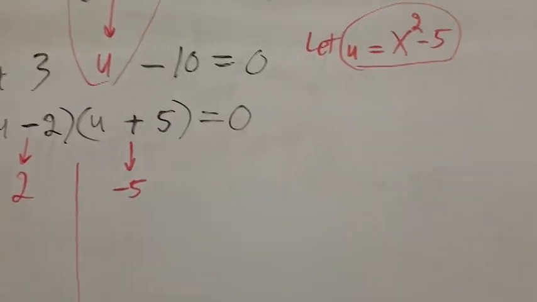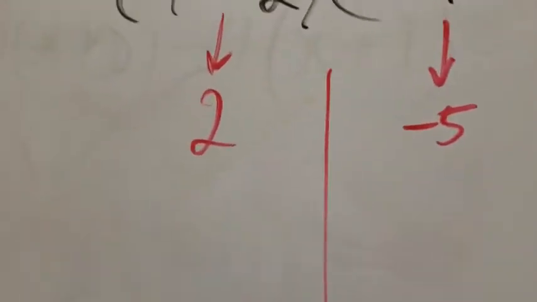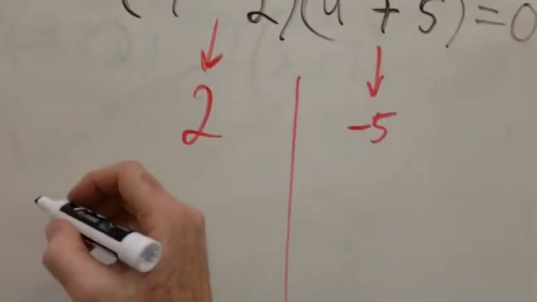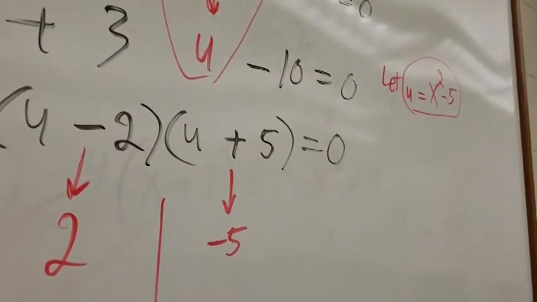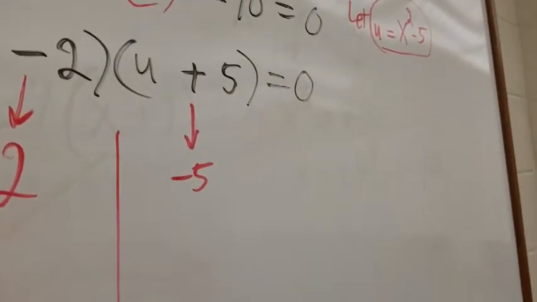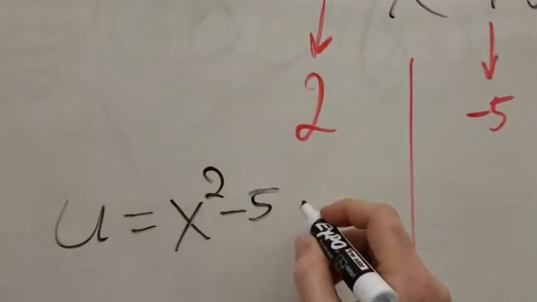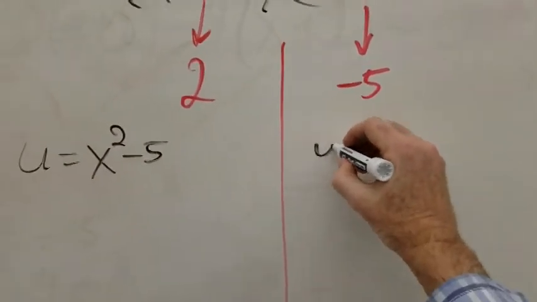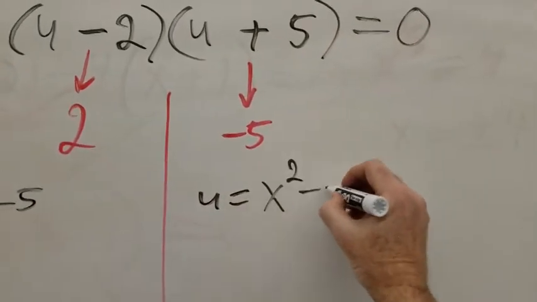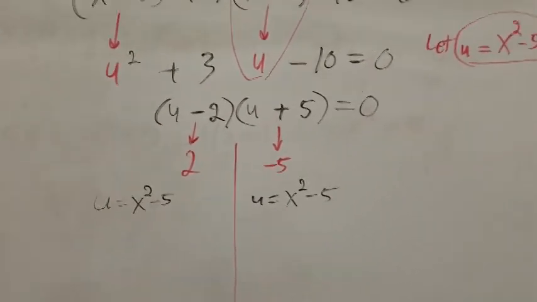So let me write that down over here. U equals x squared minus 5. Okay, I've written it in both places there.